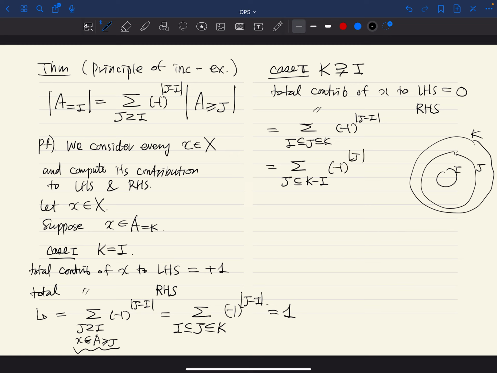I just collapse the things inside I. And this is non-zero. But this means that if the cardinality of J is, say, J from 0 to the total cardinality of K minus I, you have to select among these elements, you just select J elements, and minus 1 to the J for the sign.